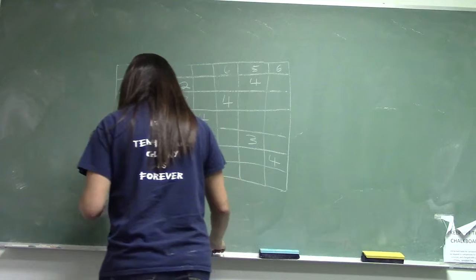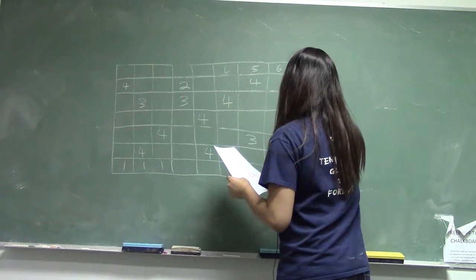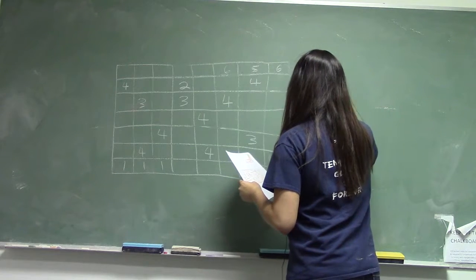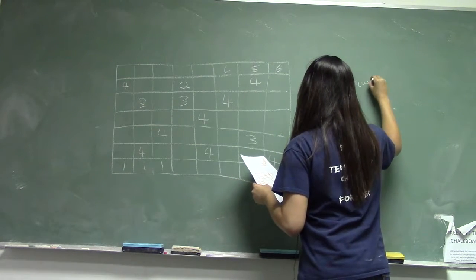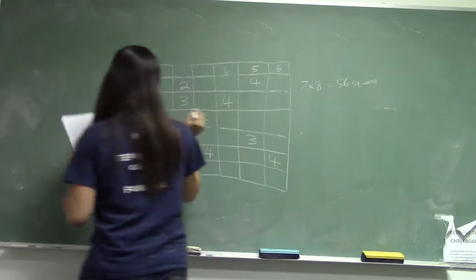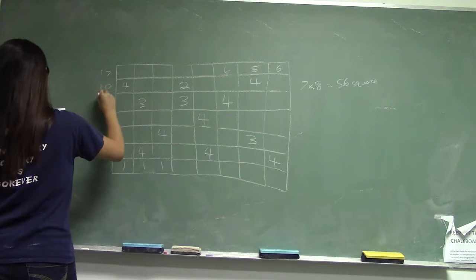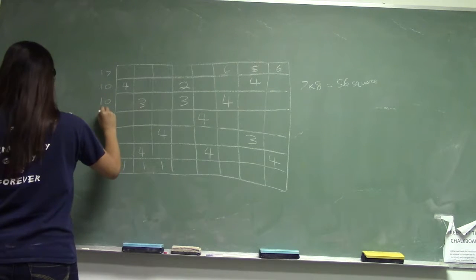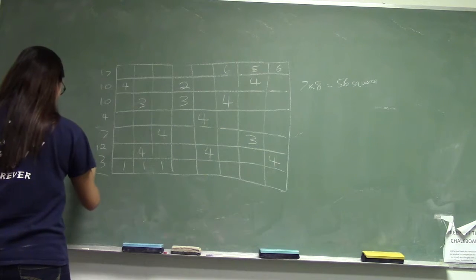So, let's see. This is a 7 by 8 grid, so that's 56 unit squares. And the sum of all these numbers, 17, 10, 10, 4, 7, 12, and 3, is 63.